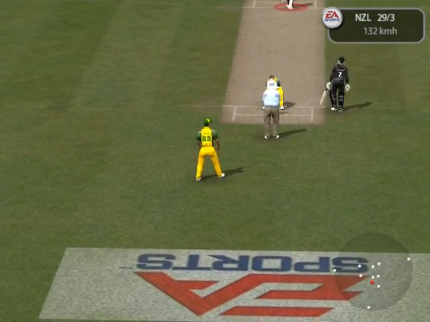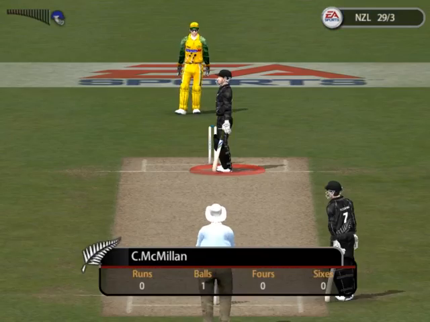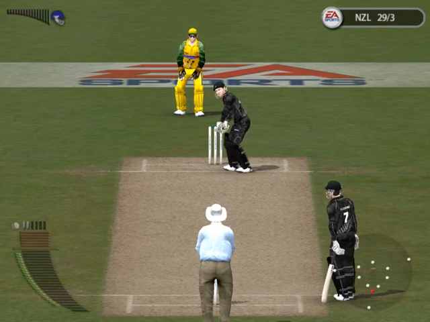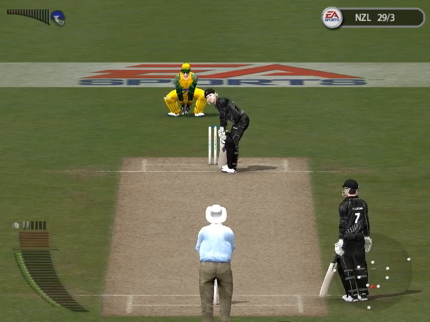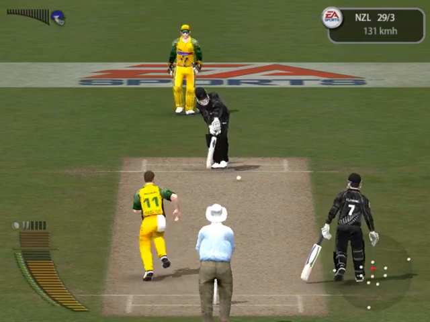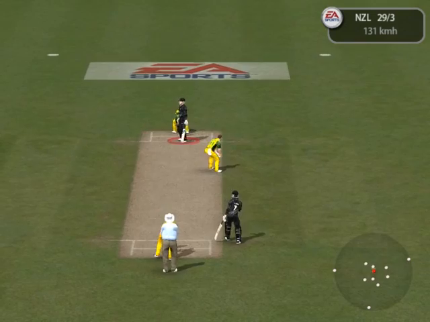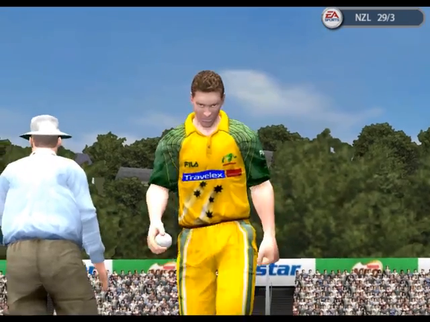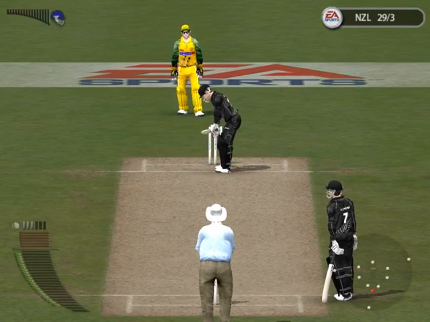Hit straight at Simons. McGrath continues. McMillan waiting at the striker's end.